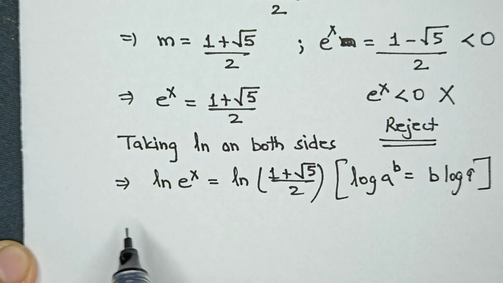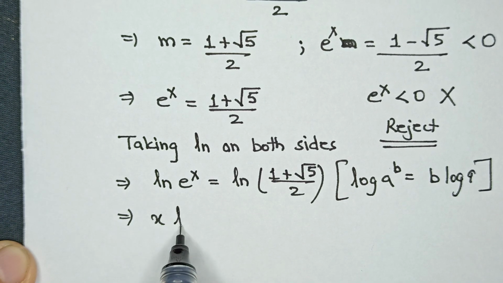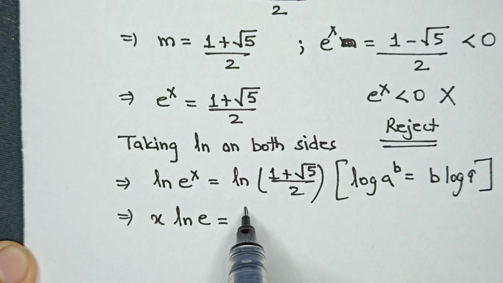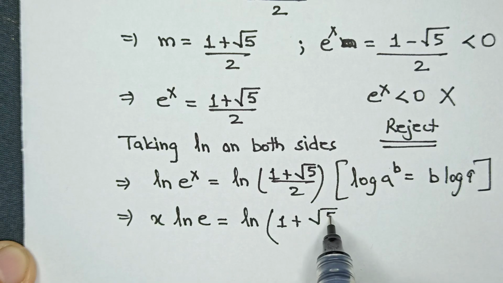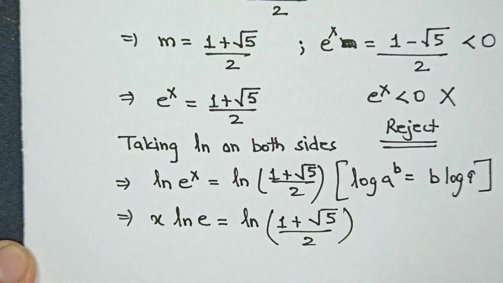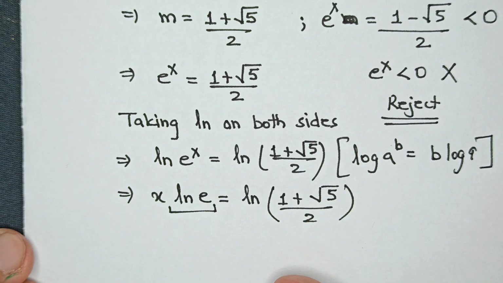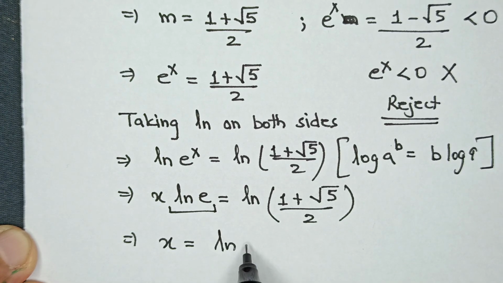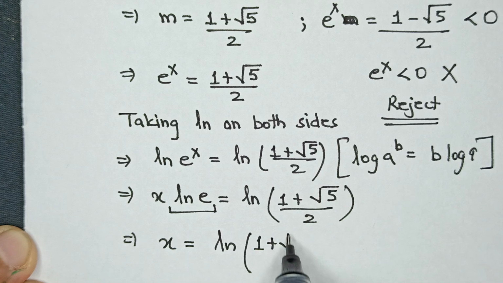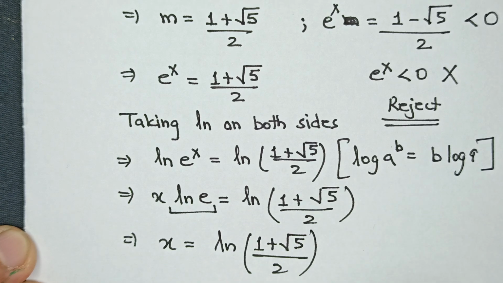So that means this power will jump forward. So this would be x natural log e is equal to natural log of 1 plus square root of 5 divided by 2. Now we know that the value of natural log of e is always 1. So the value of x comes out to be natural log of 1 plus square root of 5 divided by 2.